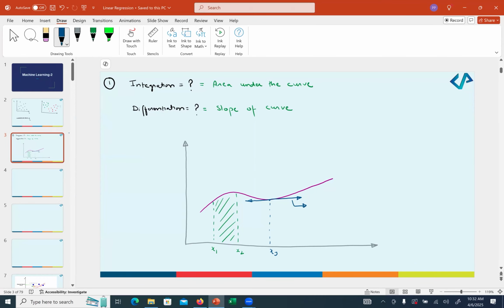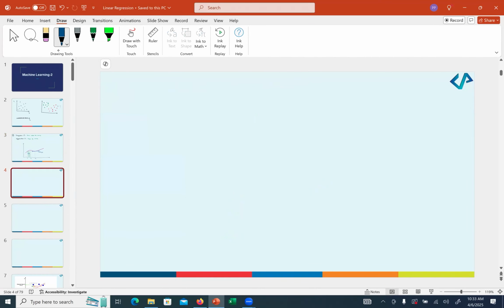This is the slope of the curve, and this is your area. So if you want to know the slope of the curve at any given point, I will use differentiation. Whenever I want to know the area under the curve, we will use integration.